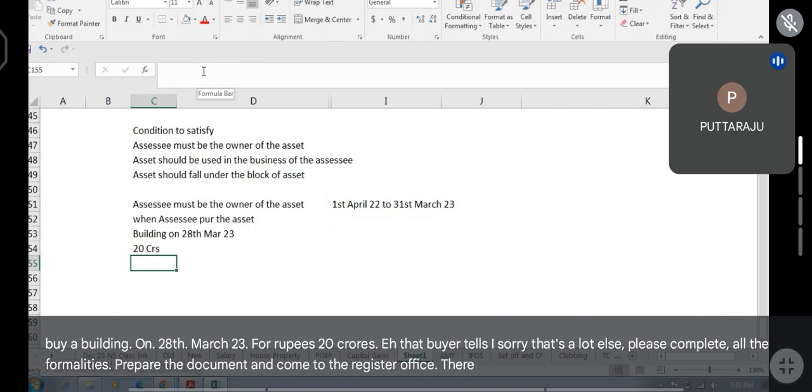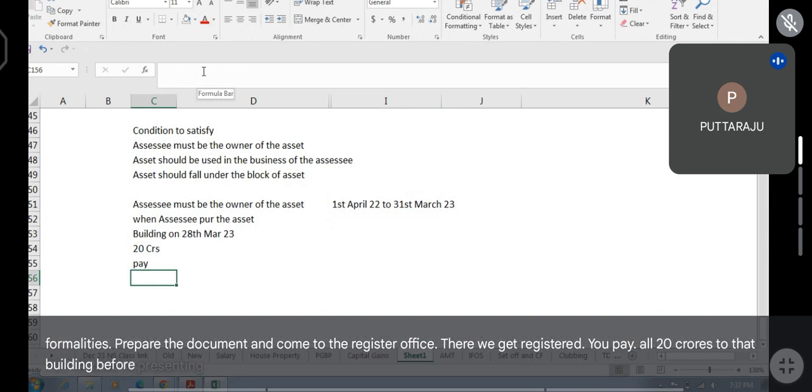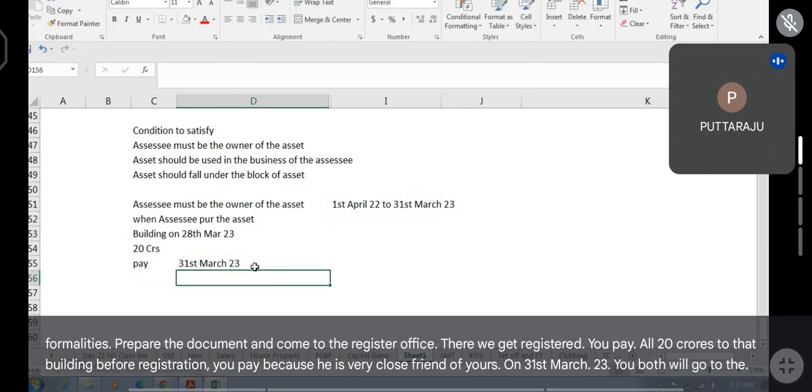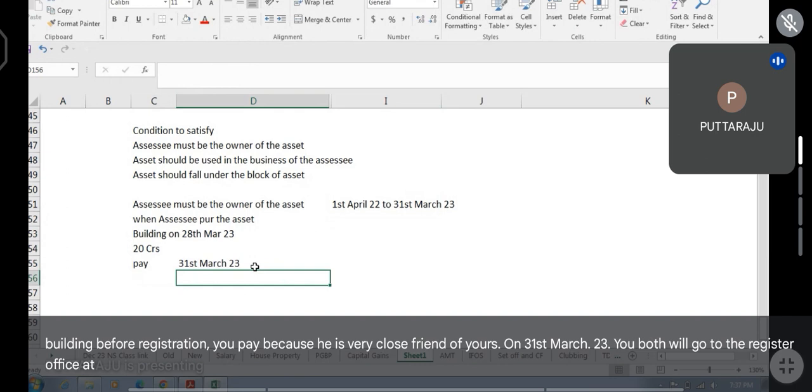There we get it registered. You pay all 20 crores for that building before registration, because he is a very close friend of yours. On 31st March 23, you both go to the registrar office at 4:30. Very good time.